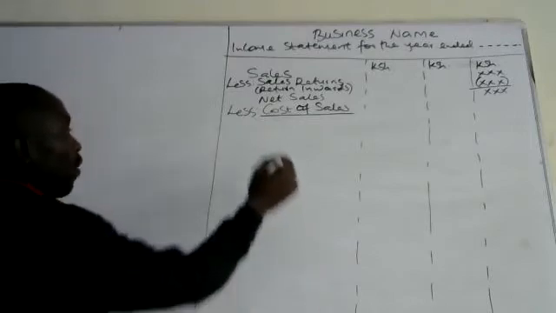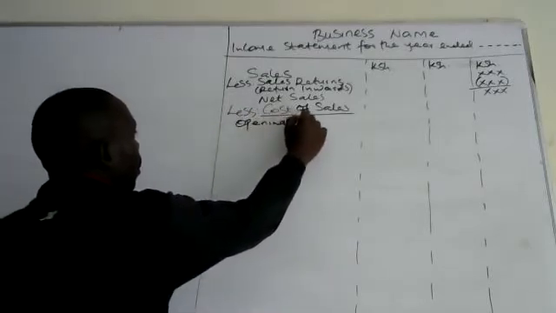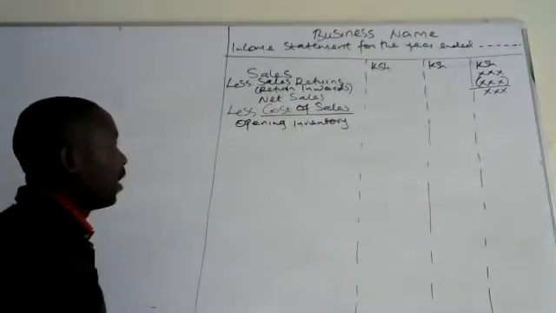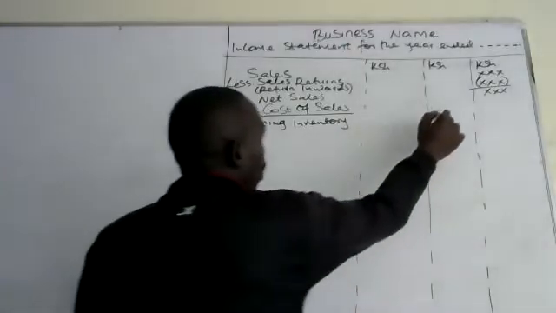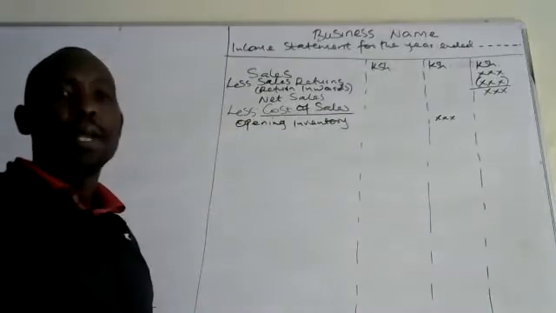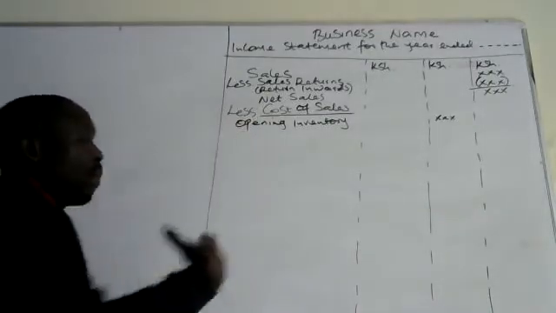It comprises the opening inventory, or stock. Put it in the middle column. Opening inventory, put it in the middle column. This is the cost of the opening stock.